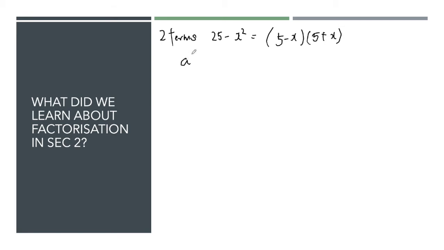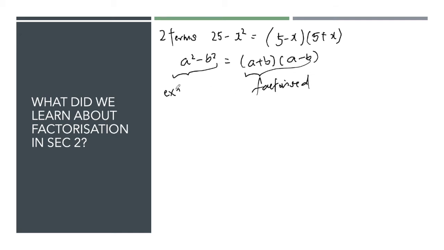Let's recap again. This is the formula of a squared minus b squared, which gives you a plus b, a minus b. This is the factorized form, meaning you should put them back into brackets. This is the expanded form. After expansion, there are no more brackets left. So this is one factorization that you have learned if you are given 2 terms.